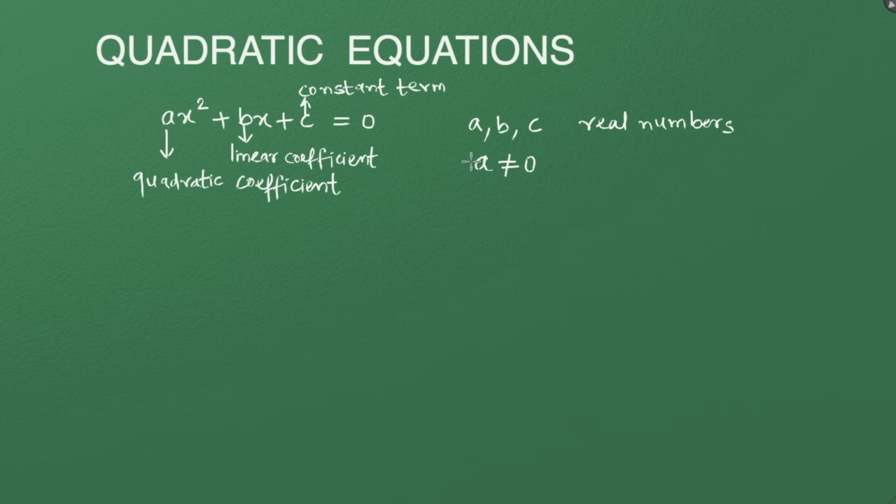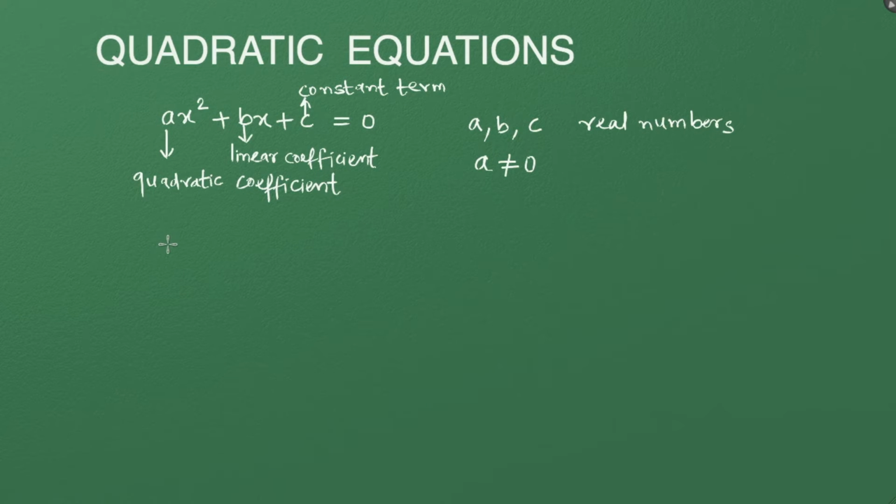Now as mentioned, for the quadratic equation, a should not be equal to 0. It is because if a is equal to 0, then the equation is a linear equation and not a quadratic equation. Let's verify.